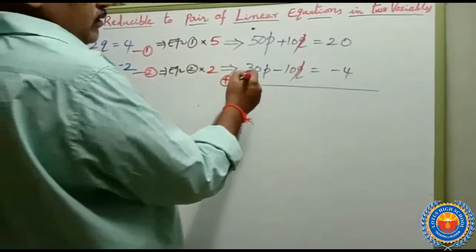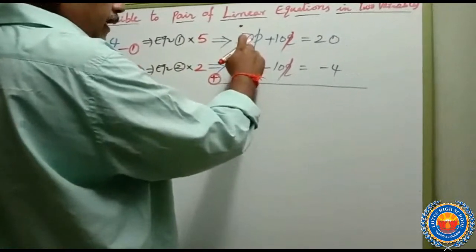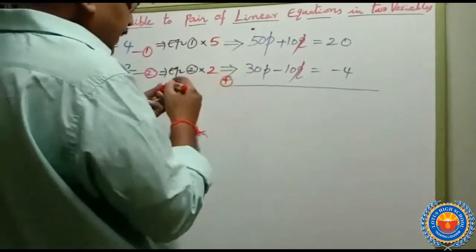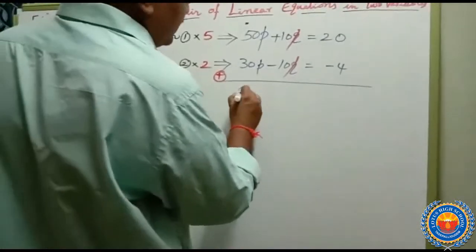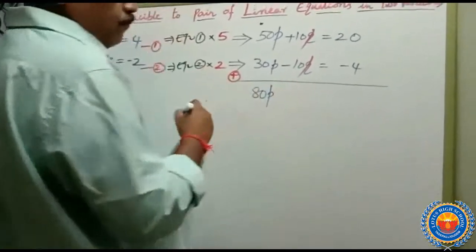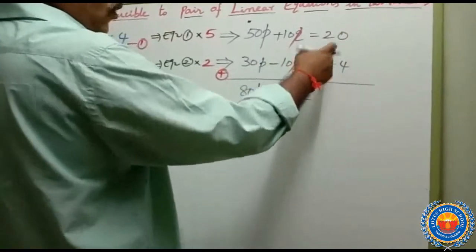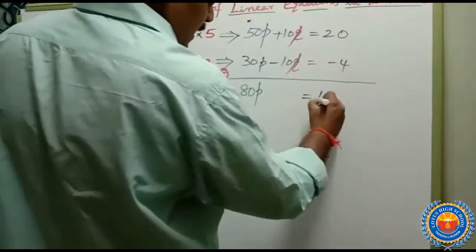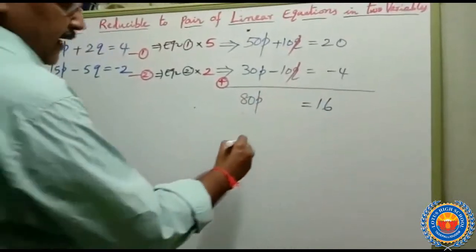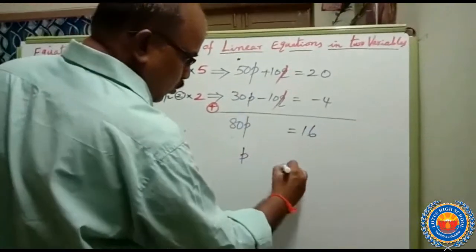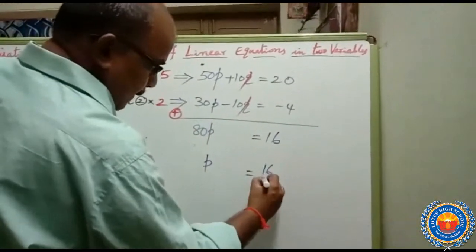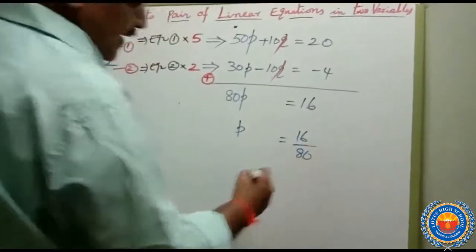So addition: 50p plus 30p is equal to 80p. 80p is equal to 20 plus minus 4, that is nothing but 20 minus 4 is equal to 16. p is equal to 16 by 80.